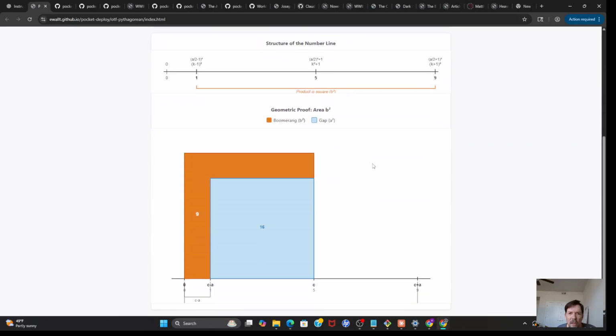So let's look at this. Here we've got C minus A is 1, and we've got C plus A is 9. So these are both squares. And so the boomerang is a square, and we have an area representation, or a visual representation, of A squared plus B squared equals C squared here.